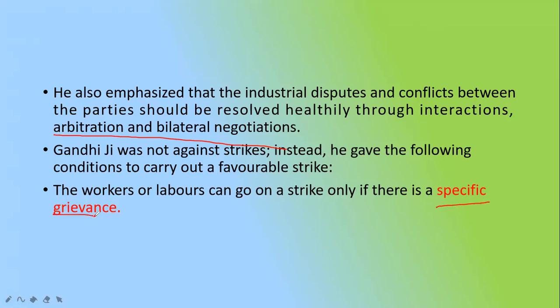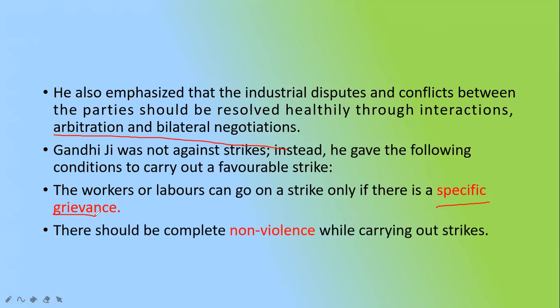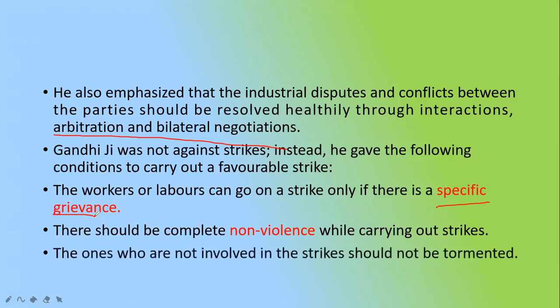And the second condition is that the strike should be carried out with complete non-violence. Nobody should be harmed, either the employer or the employee. It should be carried out peacefully. The ones who are not involved in the strike should not be tormented.